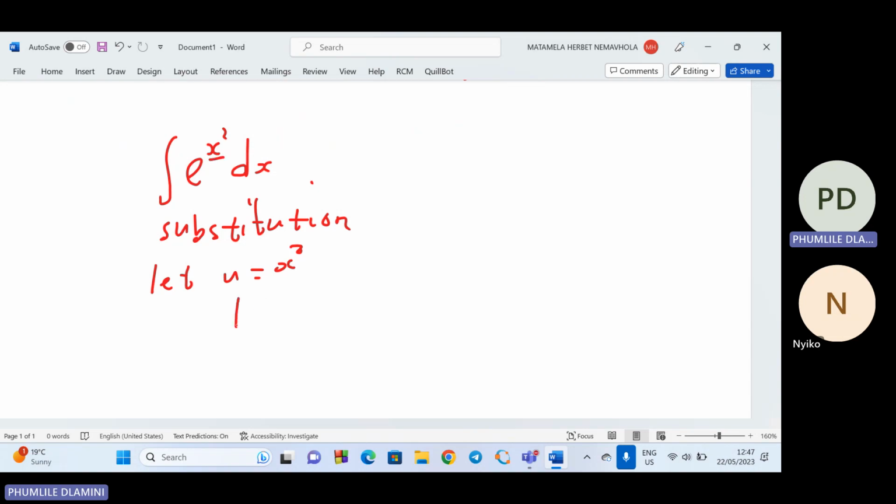Then if I say du over dx, this is going to equal 2x. If I multiply everything by dx, I'm going to have du equals 2x dx. Normally in this question, there will be an x here.